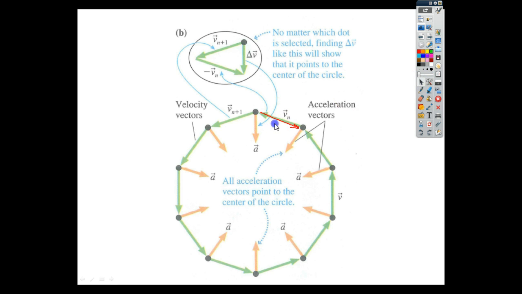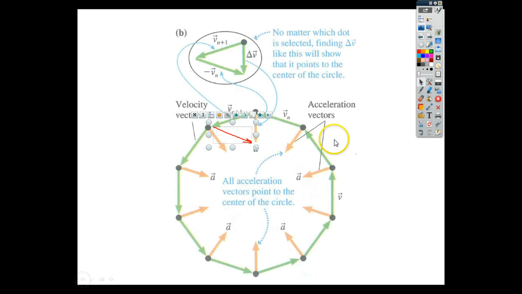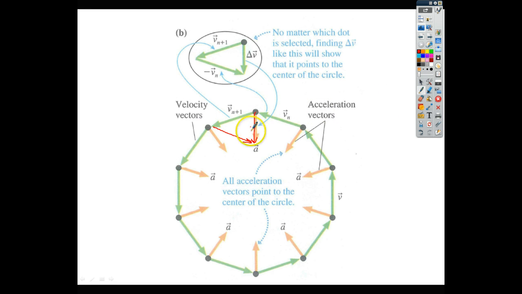Now I'm going to grab hold of it and move it so that it is going from head to tail. Then I can draw my acceleration vector connecting the butt of the first arrow to the head of the second, and that is representative of the direction of the acceleration and not necessarily its length or its magnitude.